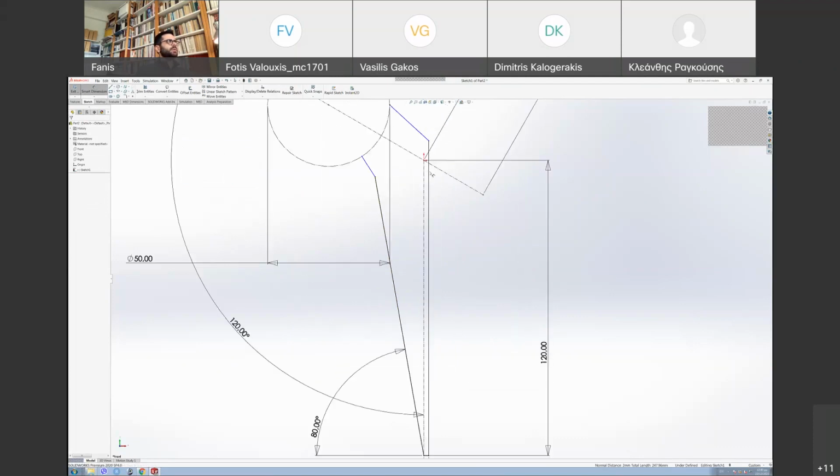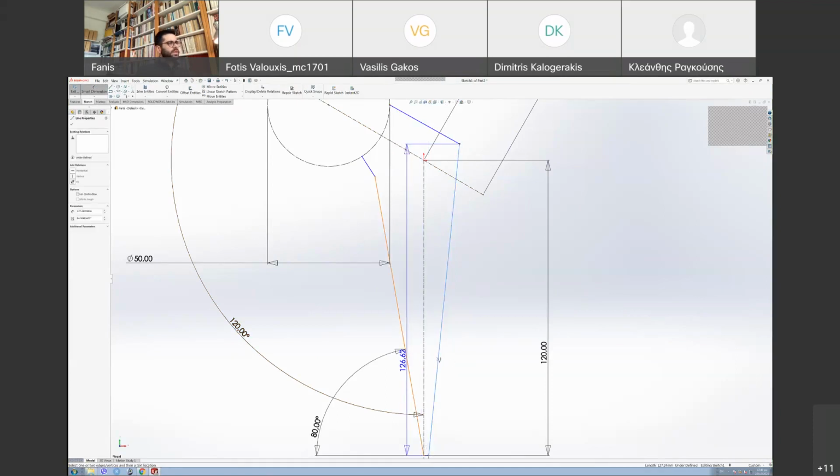Okay, so what happened? Now, for instance, this line shouldn't be vertical. That's why it's giving me all this message. I just delete that and make this a bit here so it can stand out.